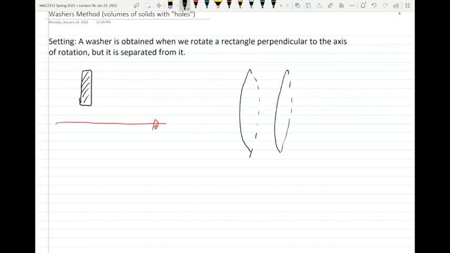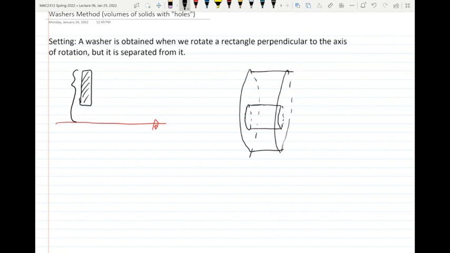We're going to have this, but then we're going to have an inside. Okay, so basically we're gonna have an outside disc, but then this is gonna have a little hole in the middle.